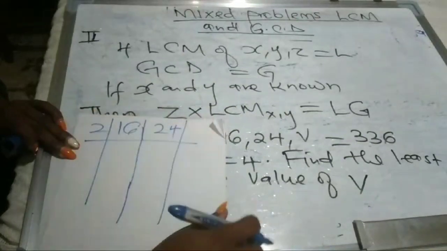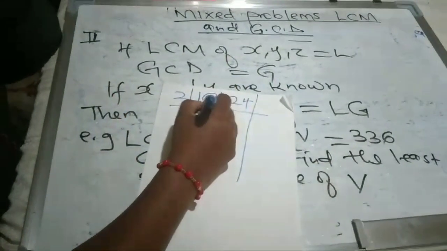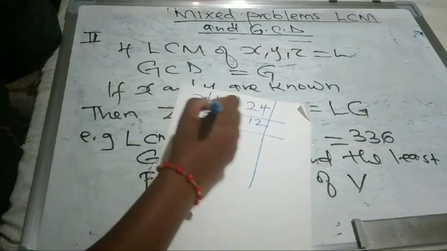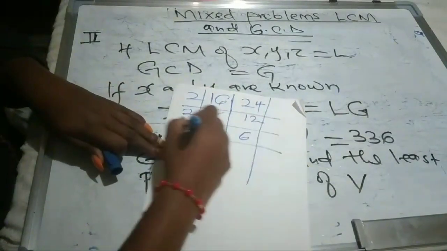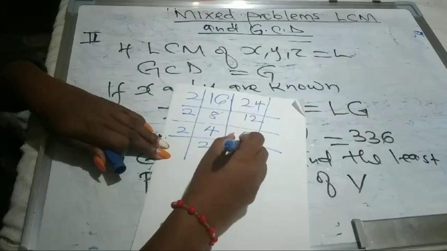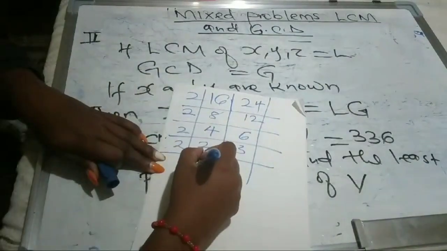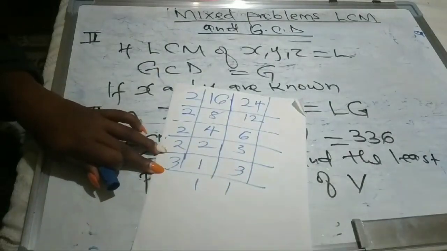So 2 because of 8 and 12. Another 2 because of 4 and 6. Another 2 because of 2 and 3. Another 2 because of 1 and 3. Then finally 3 because of 1 and 1.